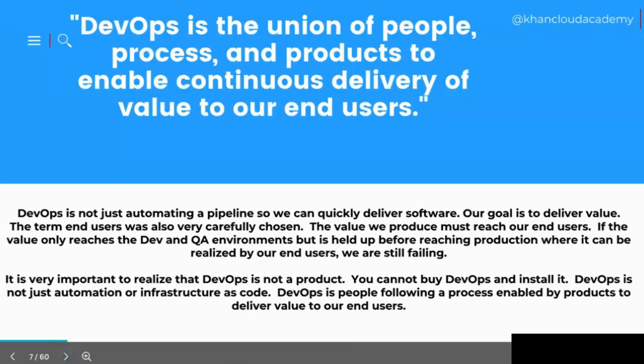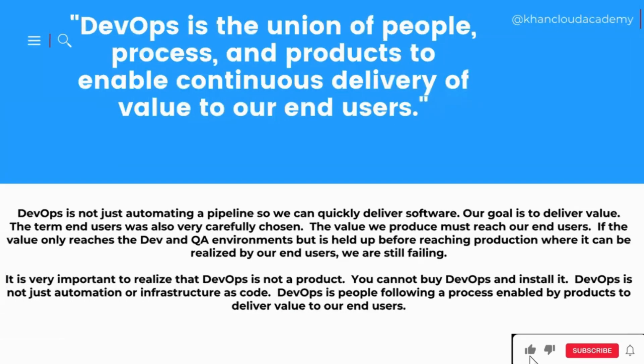DevOps is the union of people, process, and product to enable continuous delivery of value. DevOps is not just automating a pipeline so we can quickly deliver software. Remember this, our goal is to deliver value. The term end user was also very carefully chosen. The value we produce must reach our end users.